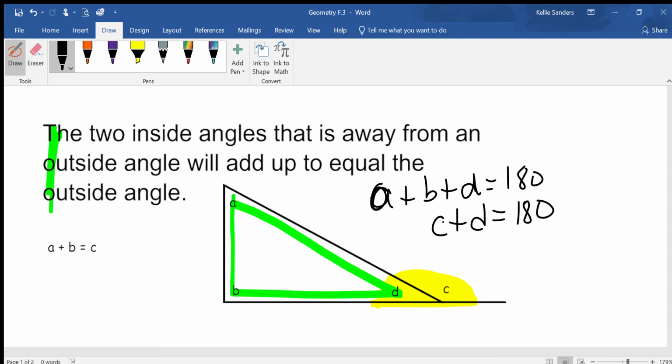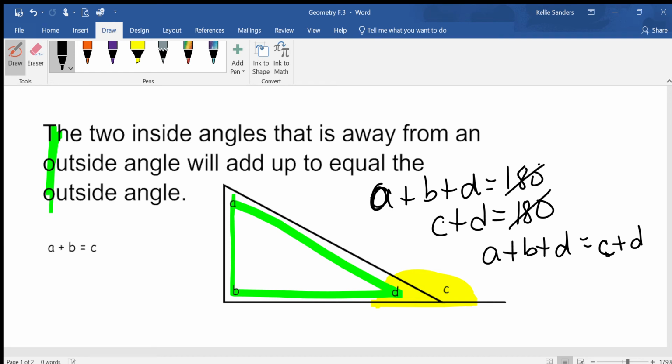Now watch. If both of them equal 180, if A plus B plus D equals 180 and C plus D equals 180, wouldn't A plus B plus D equal C plus D?